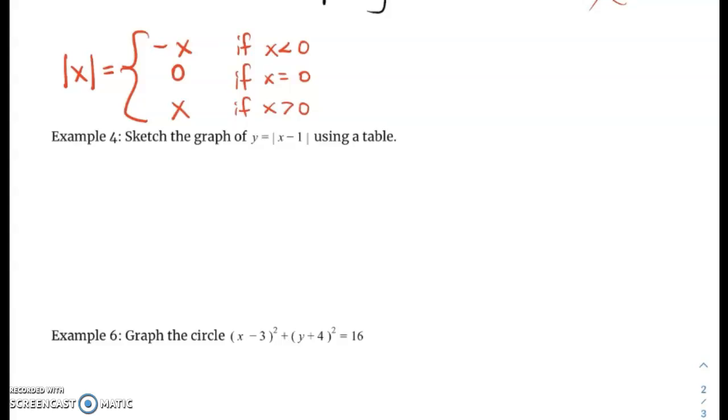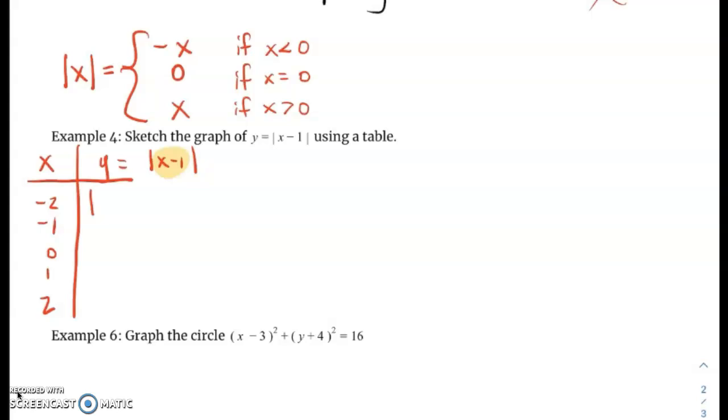Now let's look at just using a table of values. We're going to make an x and y table. I'm going to plug in some negatives and some positives. Now remember, y is the absolute value of x minus 1. So what we're going to do is the inside first, and then we're going to take the absolute value. So let's just do that in pieces.